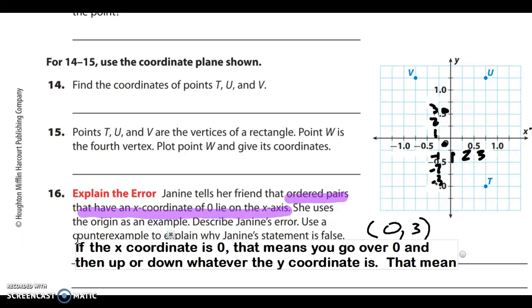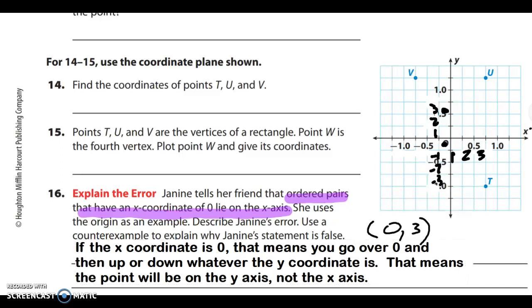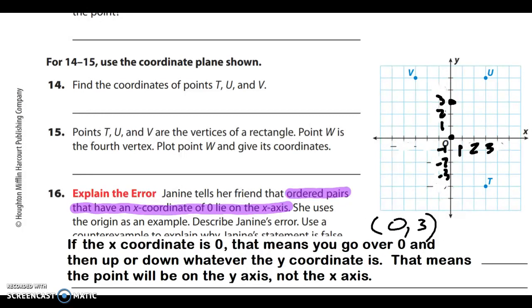That means the point will be on the y-axis, not the x-axis. So we can actually draw a conclusion here. If the x-coordinate is 0, then that point is on the y-axis. If the y-coordinate is 0, then it's on the x-axis. Okay, finish up number 16, and then you will be done with page 335. Good job.